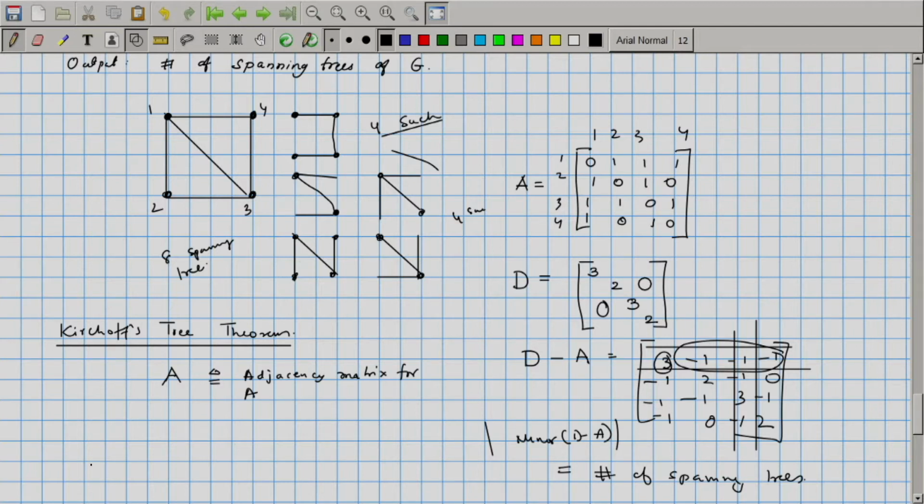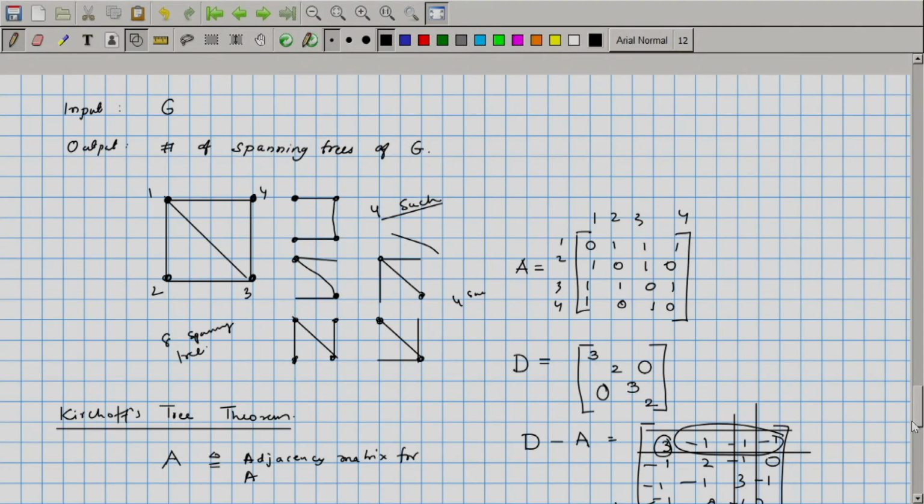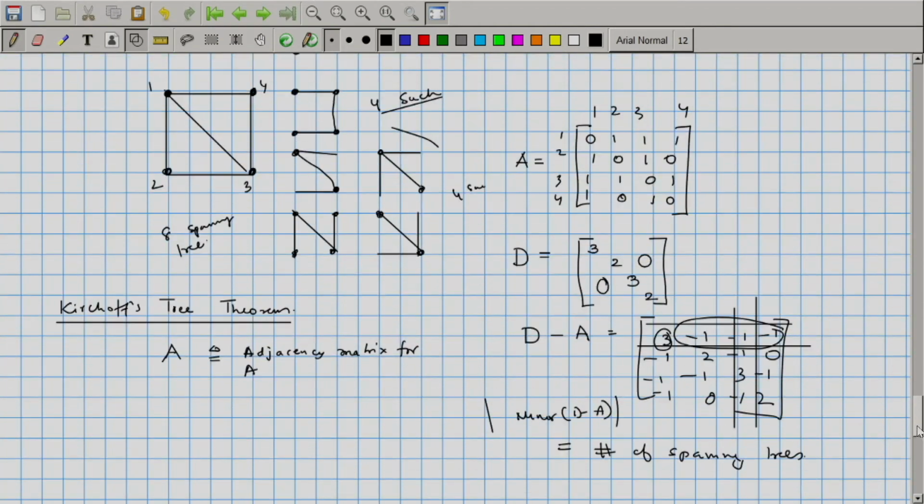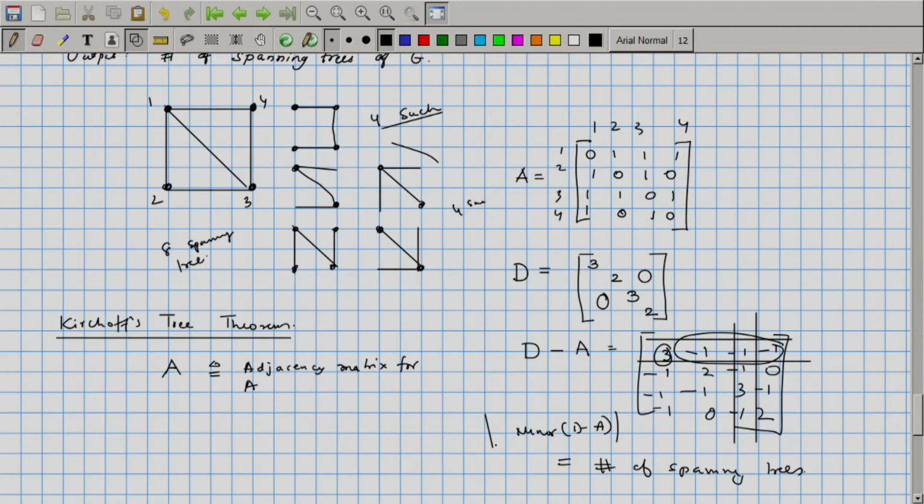Determinant computation can be done in polynomial time, and therefore, this problem of computing the number of spanning trees can be done in polynomial time. So, this is an example where the decision problem is polynomial time and the associated counting problem is also polynomial time, even though the total number could have been exponentially large.